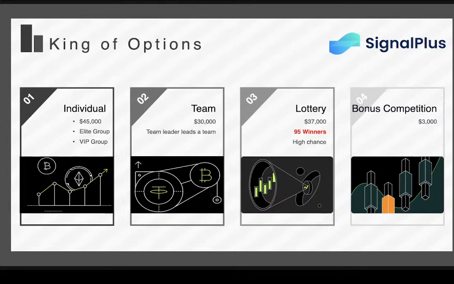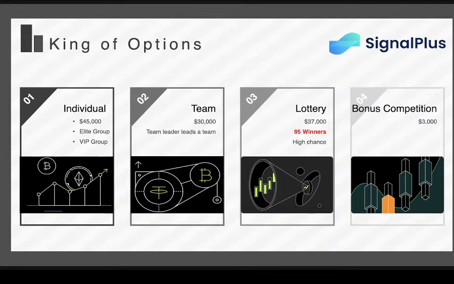The rule of team competition is to have more qualified members in the team. To be a so-called qualified member, a trader needs to have over 500K USDT volume in the options market. So the more qualified team members a team has, the higher rank it will be able to achieve.